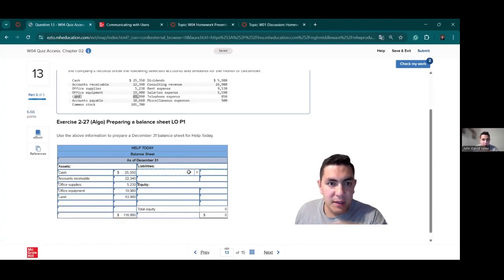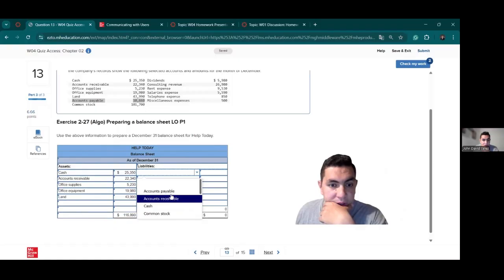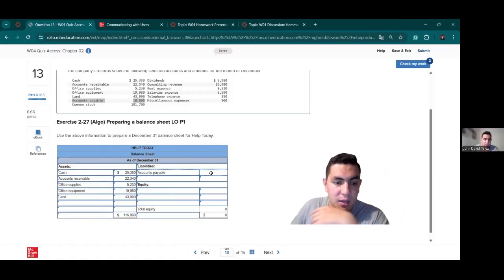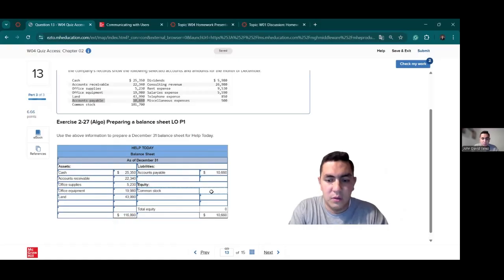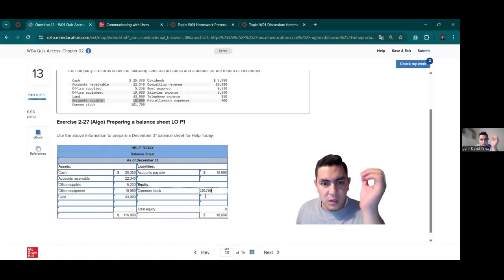For the liabilities, we have accounts payable. Accounts payable are a liability, and we have 10,660. And with the equity, we need the common stock that they gave us, 101,700.